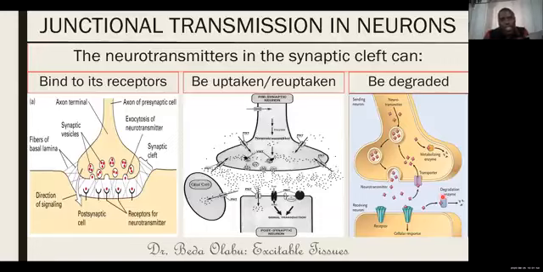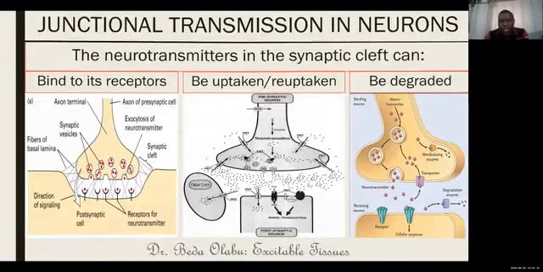If we are interested in transmitting signals from one neuron to another, then this one and this one are not our interest. Our interest is this one. So let's follow this one, where the neurotransmitter binds to its receptor on the postsynaptic cell.